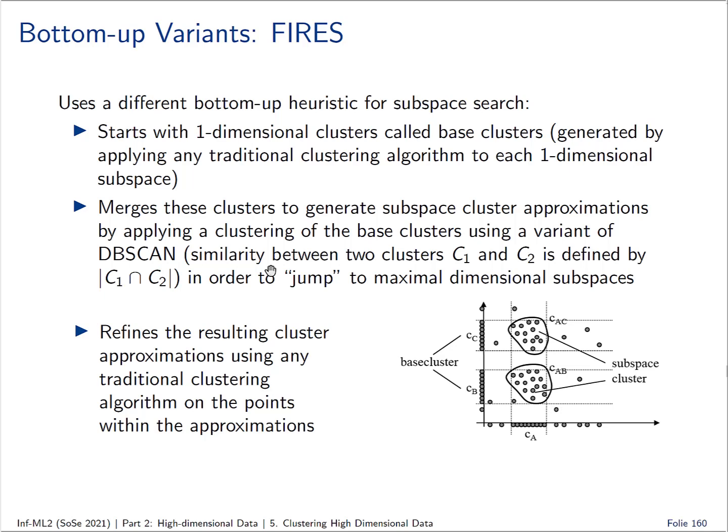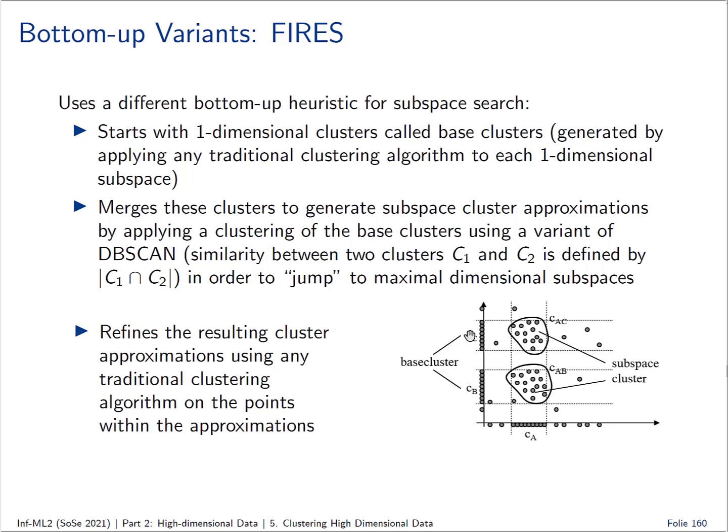So we need a kind of similarity notion between clusters, and that is just defined by the intersection of these two clusters. If the two clusters have enough points in common, like CB here and CA here, they can be merged to higher dimensional clusters. The same holds true for CC and CA.